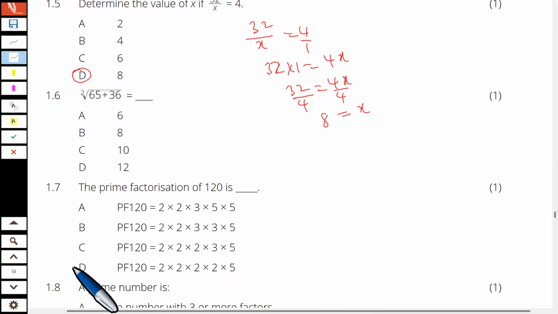Okay, if you look at 1.6, what do you think the answer is? Is the answer A, 6, B, 8, C, 10, or D, 12? I'm giving you a minute to calculate that one. Please, what do you think the answer is?